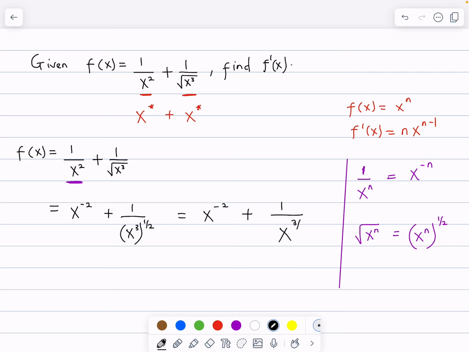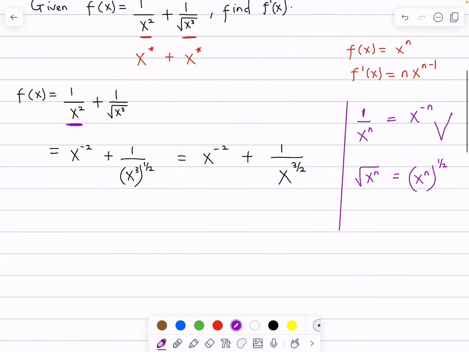Now, using the first rule, 1 over x to the n equals x to the power of negative n, I can rewrite the second term as x to the power of negative 3 over 2.